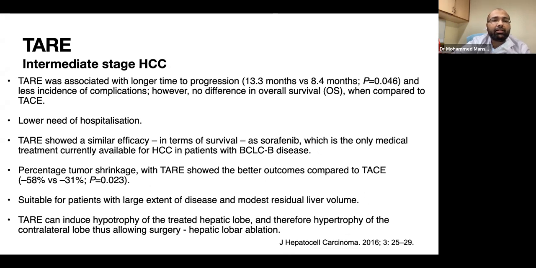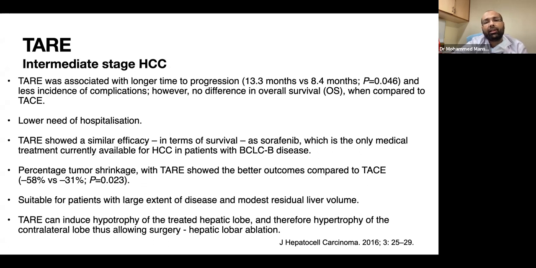In intermediate stage hepatocellular carcinoma, TARE was associated with longer time to progression, 13.3 months versus 8.4 months, and less incidence of complications. However, there was no difference in overall survival when compared to TACE. There is definitely a lower need of hospitalization.